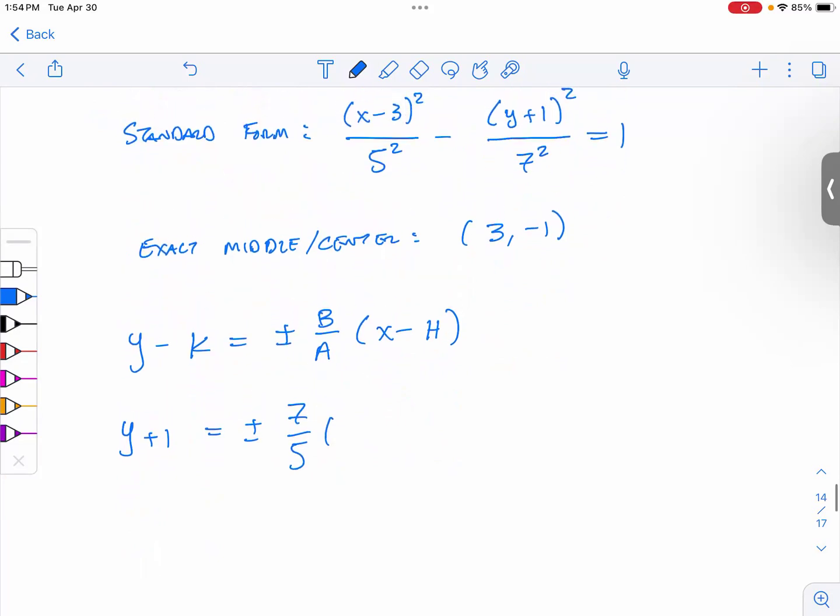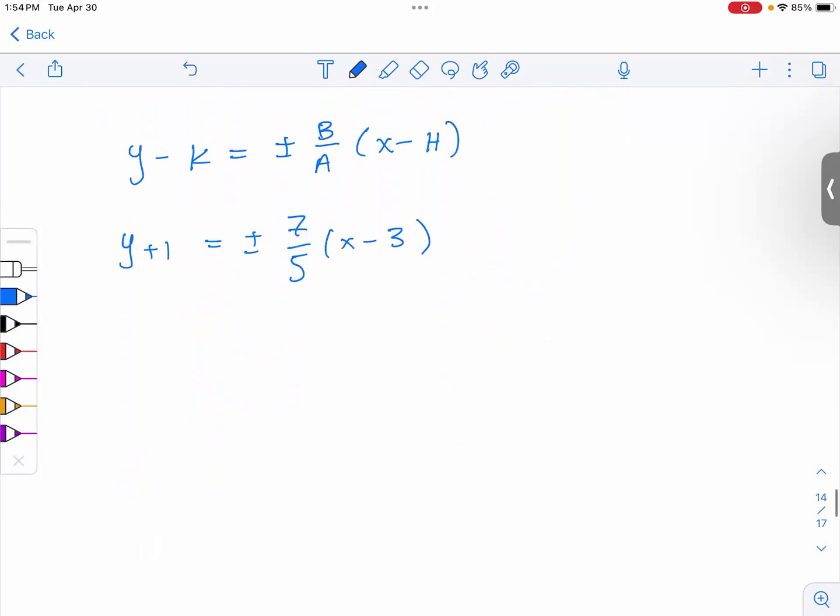And then the x minus h value, so that's x minus 3. Now, the big part here is that this ends up with two different slopes, so we have two different equations.